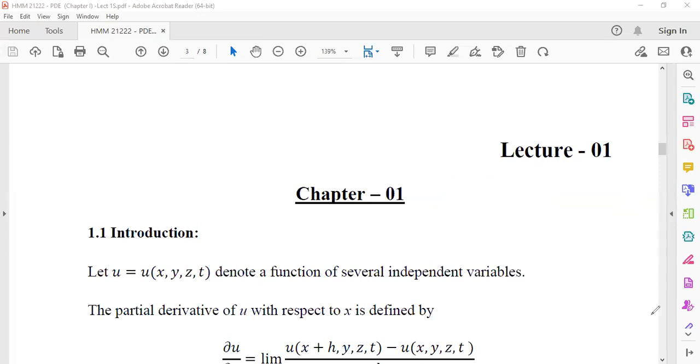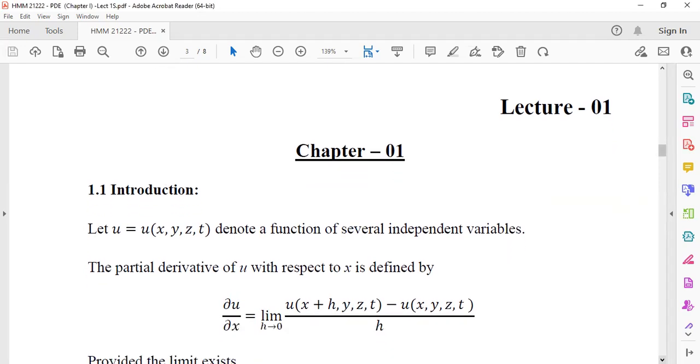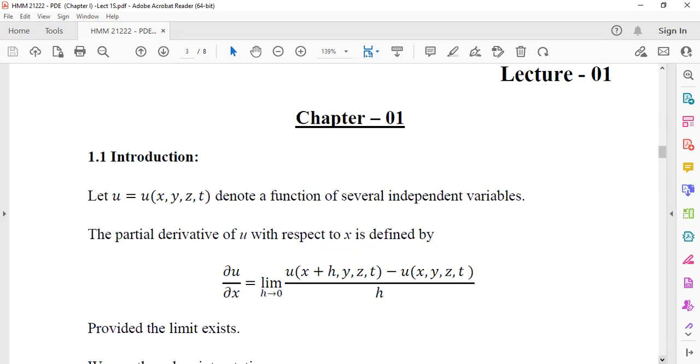Chapter number 1, lecture 1. Chapter 1 is all about the introduction, the types, classification and everything. First of all, as I said, the partial differential equation itself has 2 or more variables. Mostly they take u, z and so on as the dependent variable.